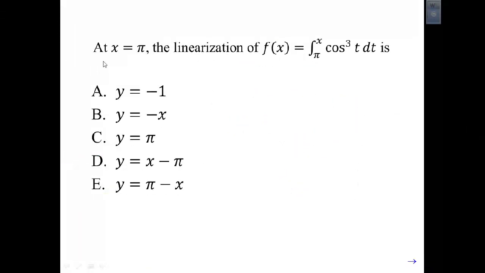All right, at x equals pi, the linearization of f of x equals the integral from pi to x of cosine cubed t dt is what? So we want to find the linearization, otherwise known as the tangent line of this thing. So f of x, when x is pi, well, what is f of pi? Let's go ahead and break it down.